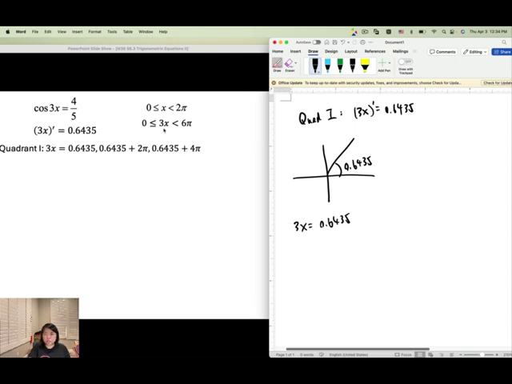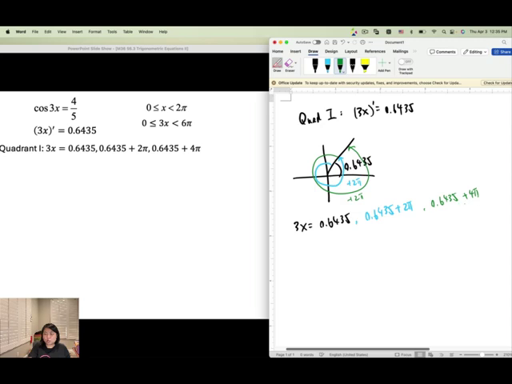Since 3x can go up to 6 pi, we're going to add 2 pi here. So that's why we have the second one, 0.6435 plus 2 pi. And then we could add one more circle, adding another 2 pi, so that would be 0.6435 plus 4 pi.